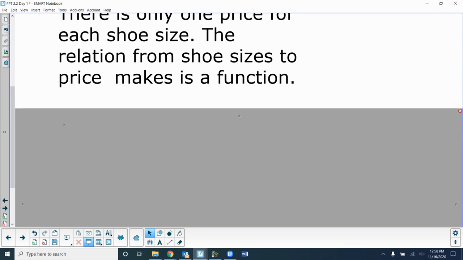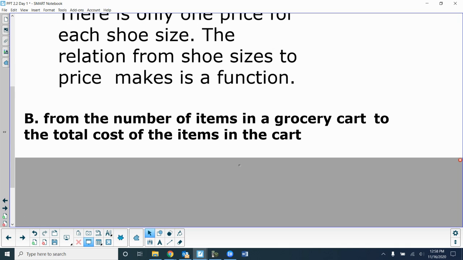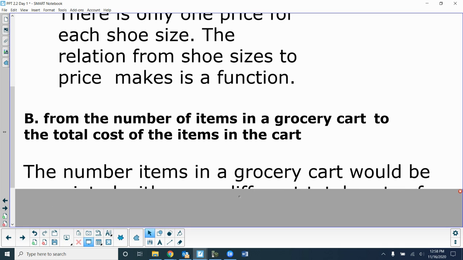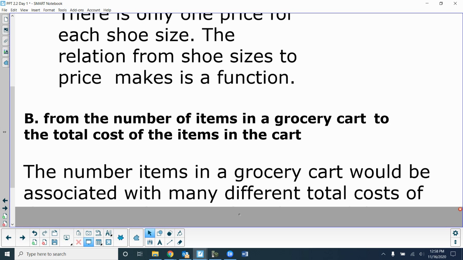If I go to Mark's and then Ashton goes and we both get 10 items, are we going to have one and only one price, or will there be multiple prices of 10 items? We all could go and get 10 items, right? And all of us could have a different price, couldn't we? Depending on what we get. So that's an example of not being a function. So I'm just trying to get you to think about what constitutes a function and what doesn't. Every x in the domain has one and only one y, one and only one in the range.